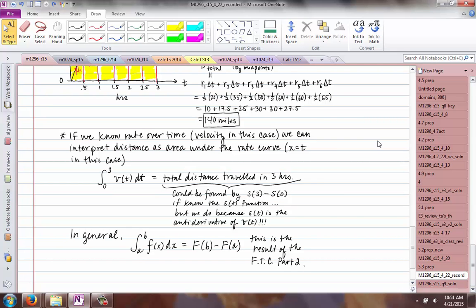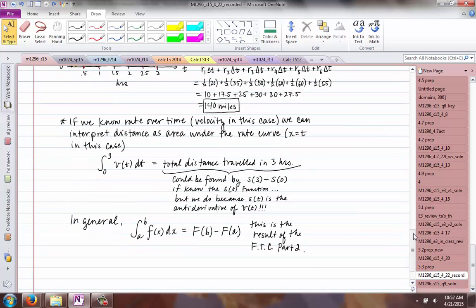So this is just showing that, yes, this makes sense, even though at first glance I think this is probably not obvious at all. And this is what the fundamental theorem of calculus is saying, part 2.